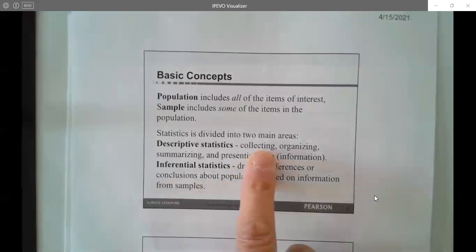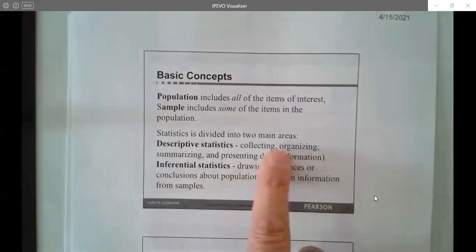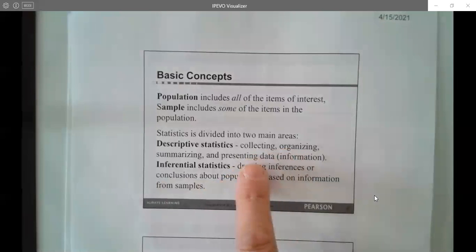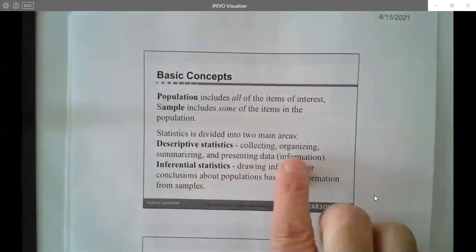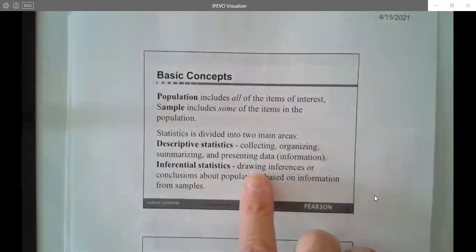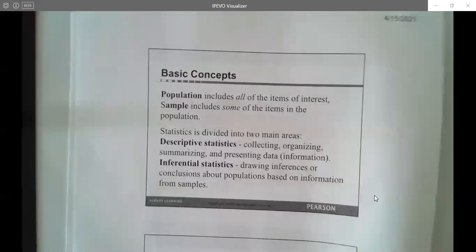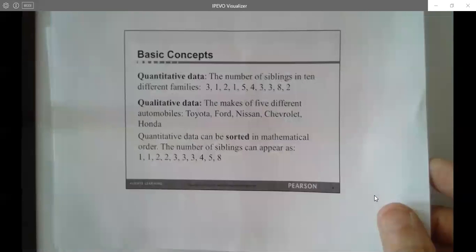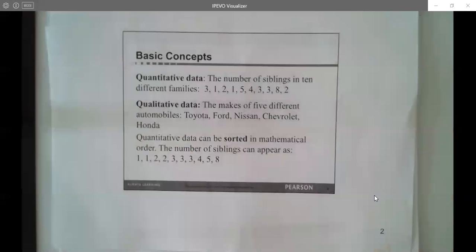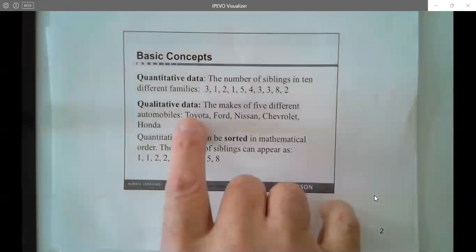So descriptive statistics gets into collecting and organizing, the actual mechanics of taking the sample itself, whereas with inferential statistics, you can basically take that raw data and get some meaningful information out of it.